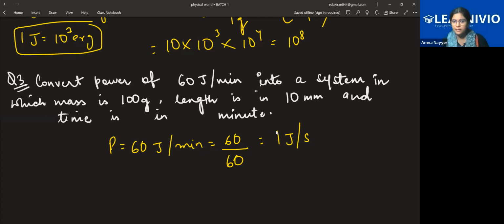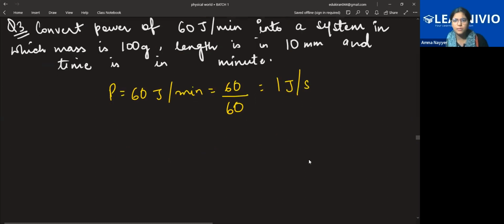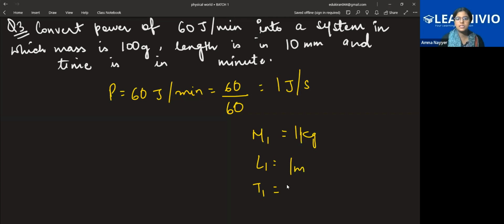Fine, this is the last portion of your dimensional analysis. Then we'll start with calculus, differentiation and integration we'll be starting with. Now see, usually in our original system, M1, L1, T1, which is present, we have the first mass as 1 kg, we have the length as 1 meter, we have the time as 1 second.